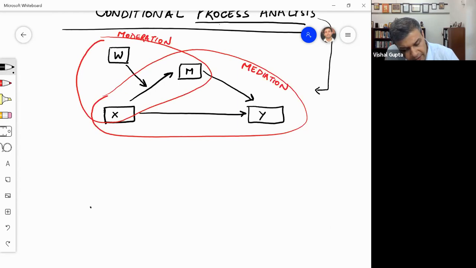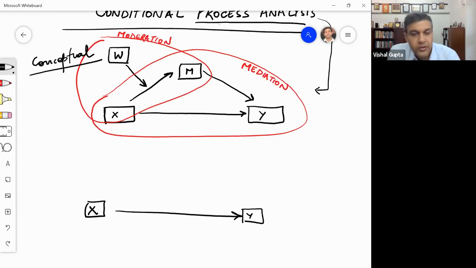Let's say we have X and our variable Y. This was our conceptual diagram. Let's try to do the derivation, the regression equations, and see what we get.